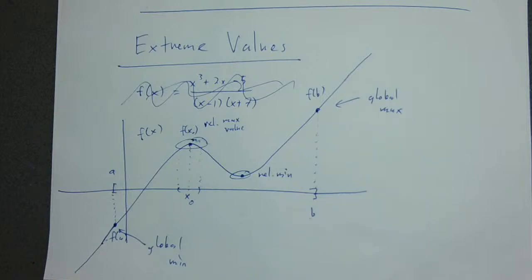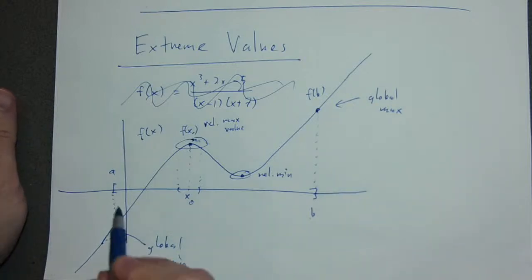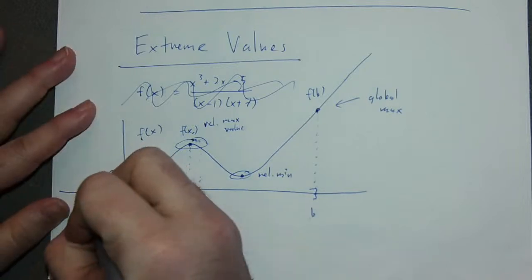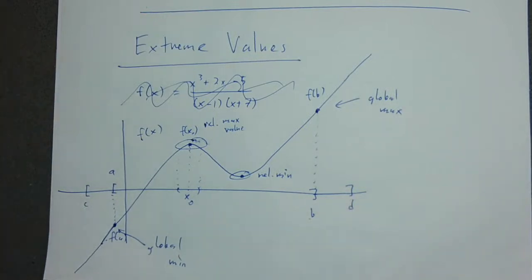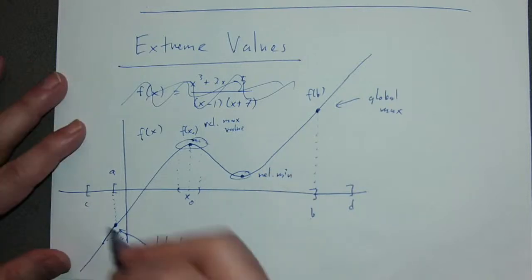But what if after I've asked you that, I change my window a little bit? So instead of the closed interval AB, I have the closed interval CD. Then I ask you again, what's the global min? What's the global max? Those values change.